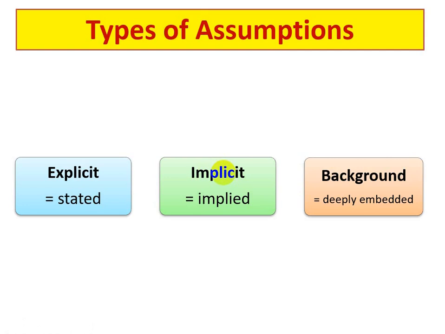The background assumptions are deeply embedded and rooted inside our characters, inside our minds, because these background assumptions are adopted by everyone in his way of life, in everyday life, in his beliefs, in his expectations of others' behavior, etc. So this is something deeply embedded and deeply rooted in our characters, in our minds, etc. To conclude, assumptions can be clear, this is explicit, unclear, implicit, or even deeply embedded in our characters and our minds, and these are the background assumptions.